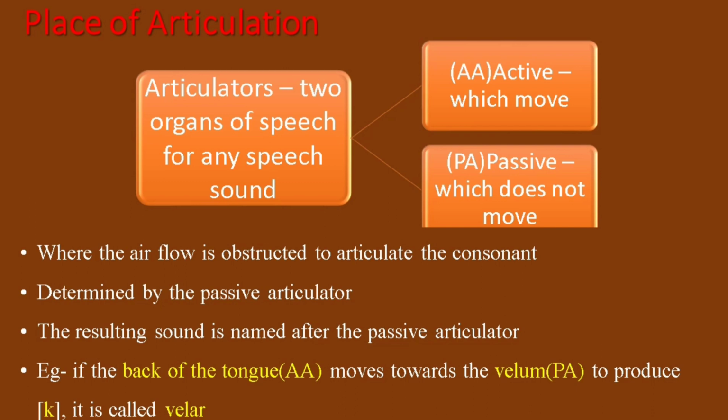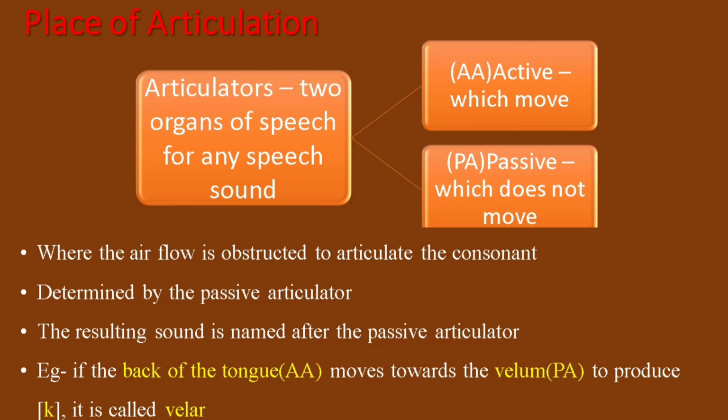For example, the back of the tongue can be moved. The tongue is the active articulator which can move from one place to another or towards the passive articulator.